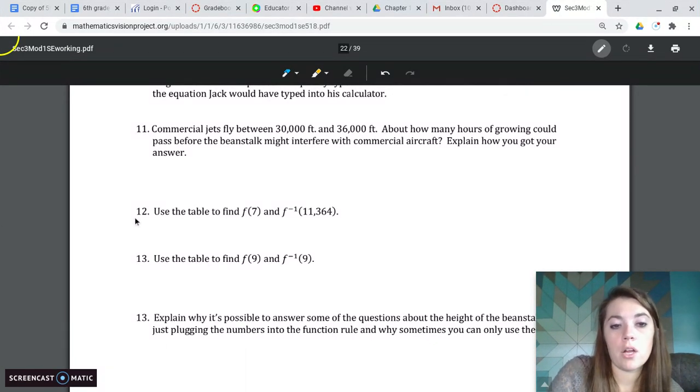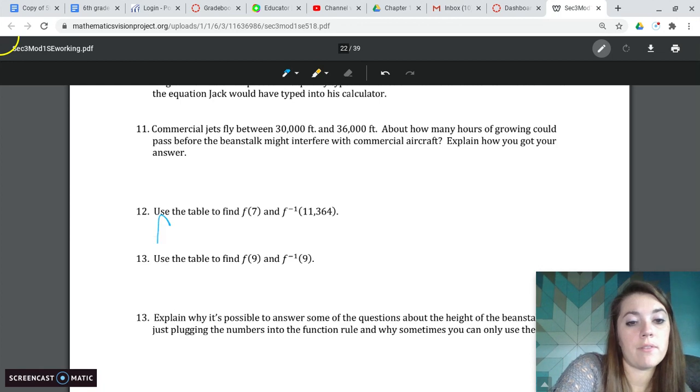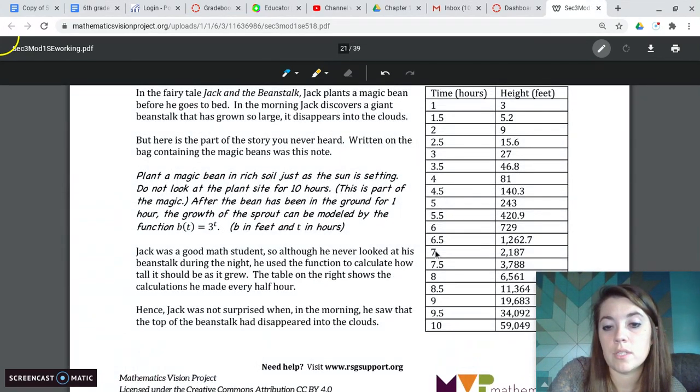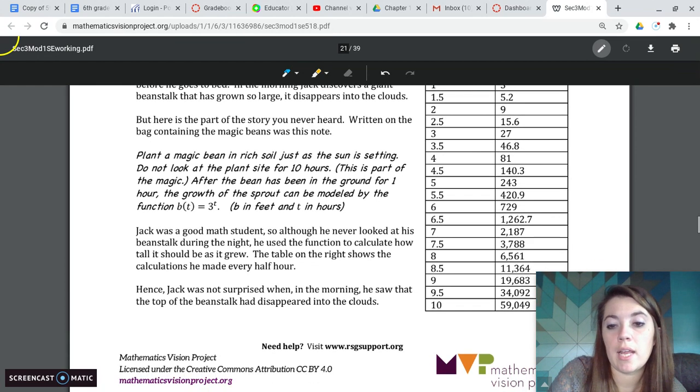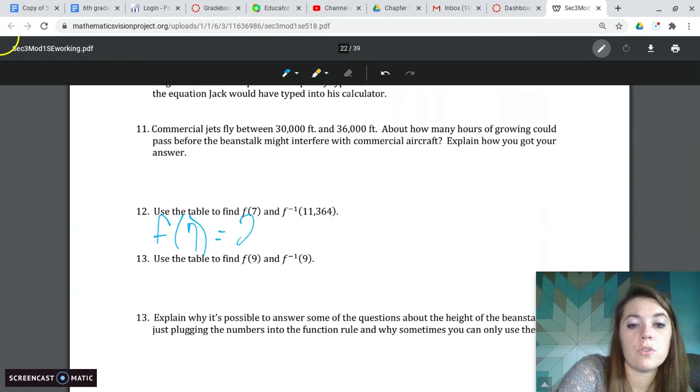Now, for 12, we're going to use the table to find f of 7 and f, the inverse function of 11,364. So f of 7, we're going to go to our table, and we're going to plug in 7 into it. So we go to 7, and we find that it's 2,187. Sorry, I have to scroll back and forth so much. 2,187.